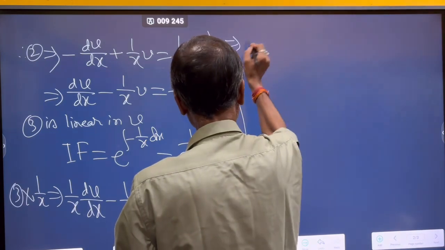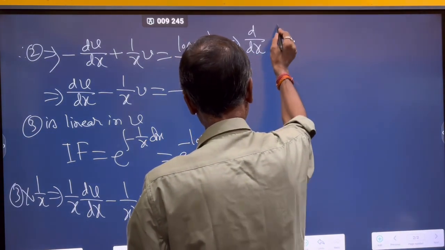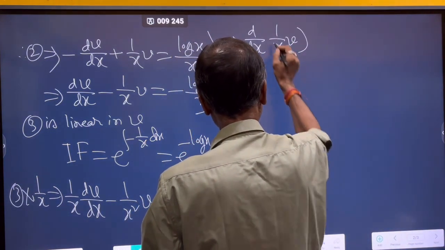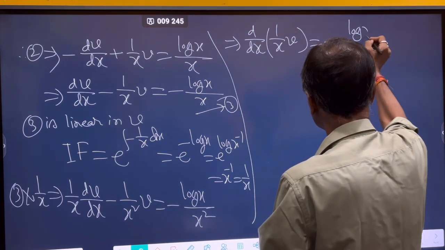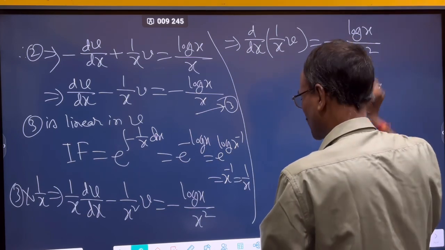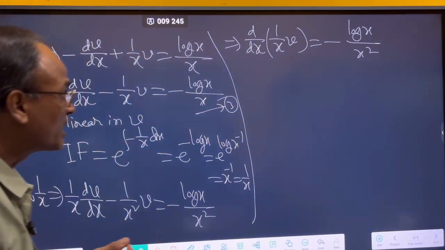This means you may write d dx of 1 by x v equal to minus log x divided by x square.